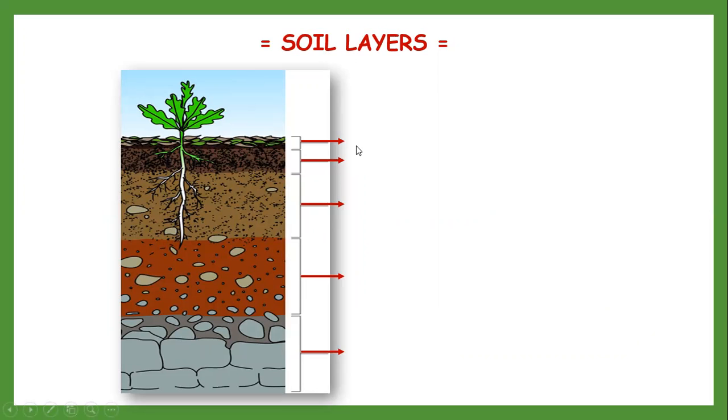All right, the first layer of soil is the humus. Humus, I spell Humus. The second layer is topsoil. Topsoil. The third layer of the soil is called subsoil. Subsoil.